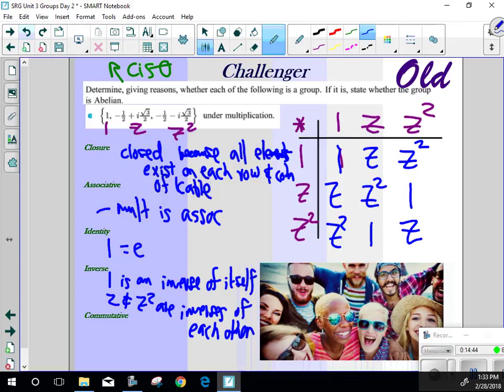Can you look at this and tell me if it's commutative? How? Look at the diagonal. Here's the diagonal. What do you notice about it? They're symmetrical about the diagonal.